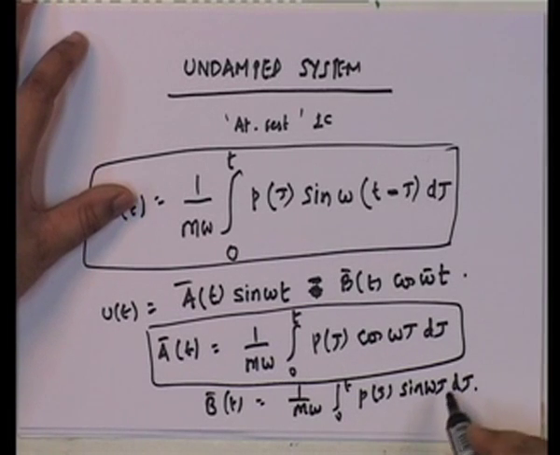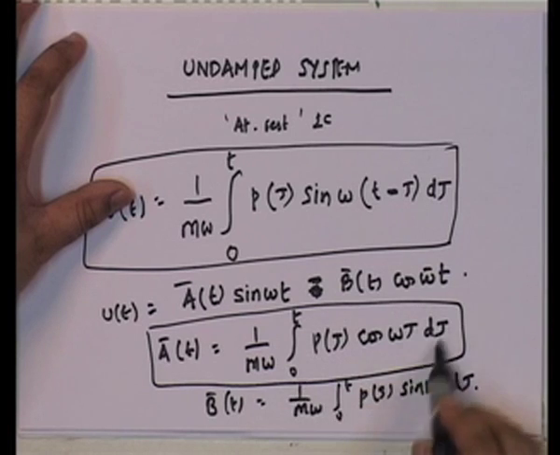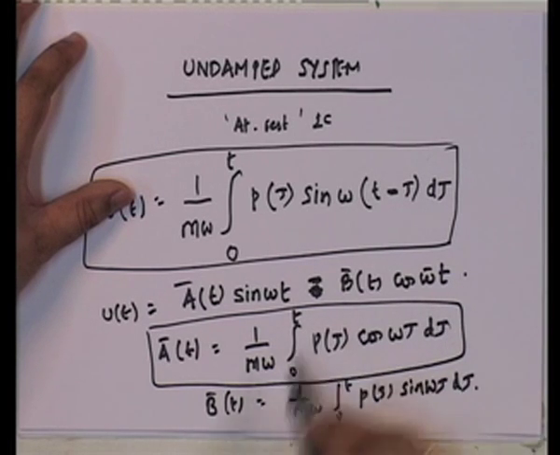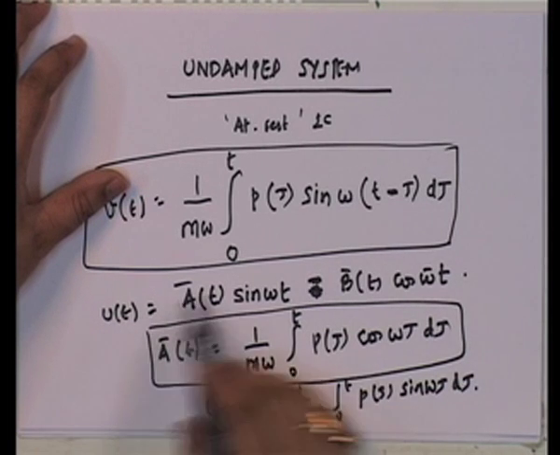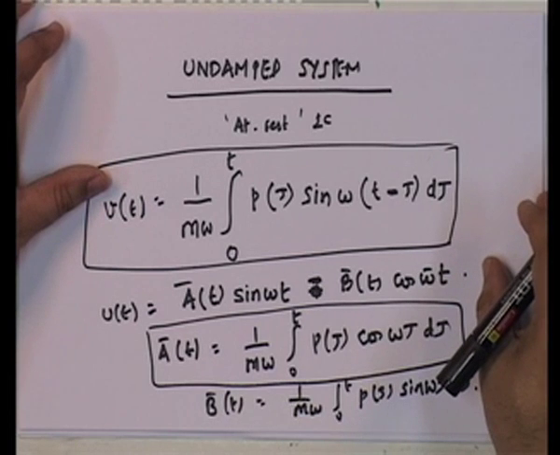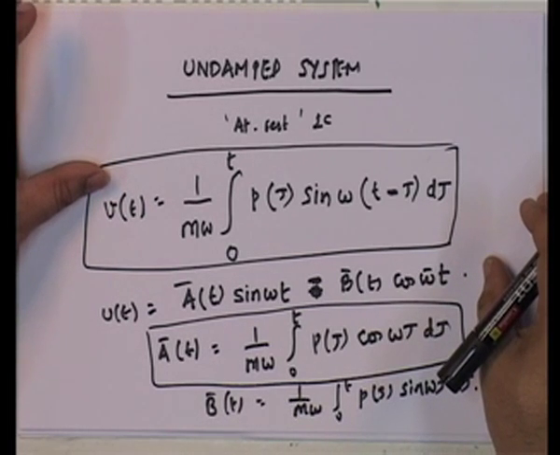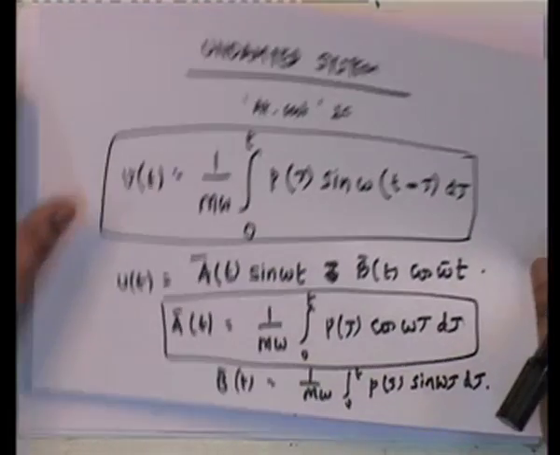These terms are just a function of tau, and v of t becomes this. So if I can evaluate these two terms using any numerical integration scheme, I will have found the solution. Well, what is the easiest way of solving this?